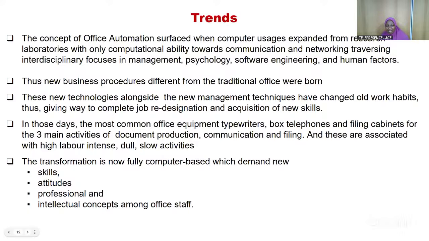However, the business procedures are now different from the traditional office. Of course, you are still going to achieve the same thing, but at a better pace, more fascinating, and you are able to get many jobs done without stress.